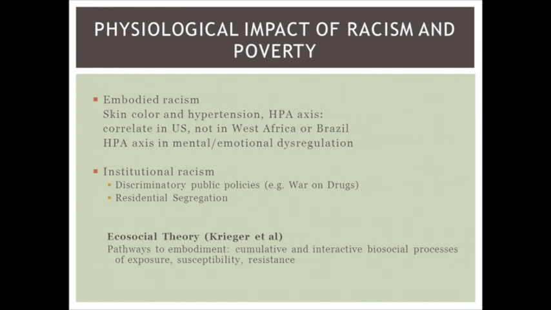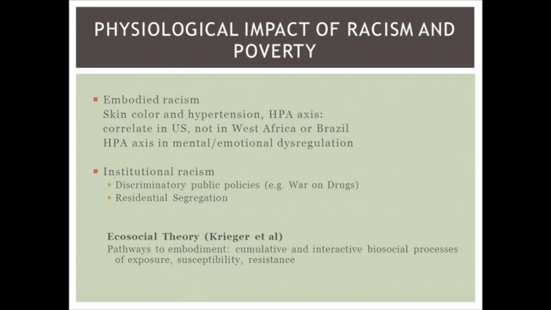And then residential segregation. I'm going to give an example of that in a moment too, but racial residential segregation in the US is also a strong correlate of health outcomes. You may have heard the sound bite that your zip code is more predictive of your health than your genetic code. So a lot of our racial practices in this country are geographically bound, not necessarily visible on the individual level. I'm giving a quick shout out here to Nancy Krieger at Harvard School of Public Health, who developed the ecosocial theory.